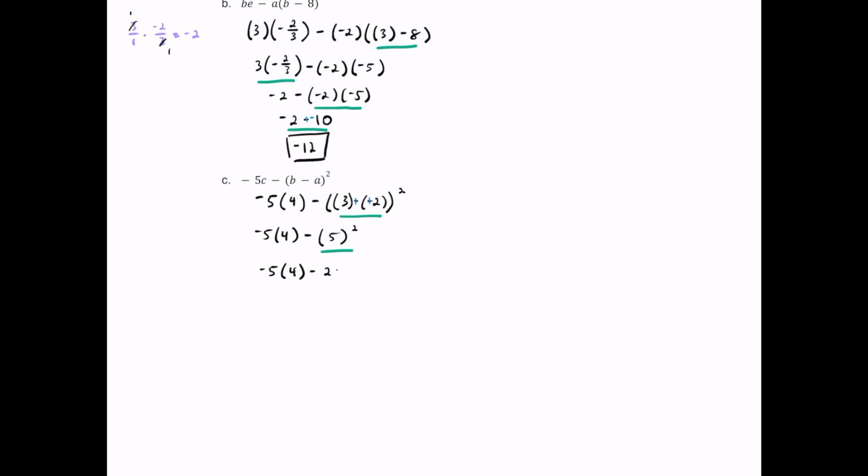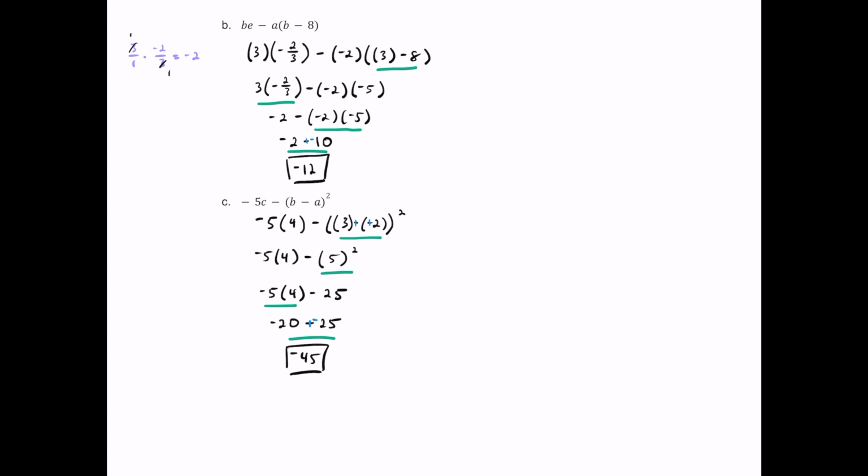So minus 25. And then 5 times 4 is 20, but it's the opposite of that, so it's negative 20 minus 25. And that's the same thing as negative 20 plus negative 25, so that's going to be negative 45. Okay, so that's what we're going to get in this problem using those values of variables.